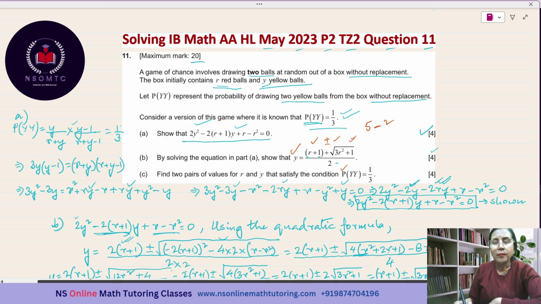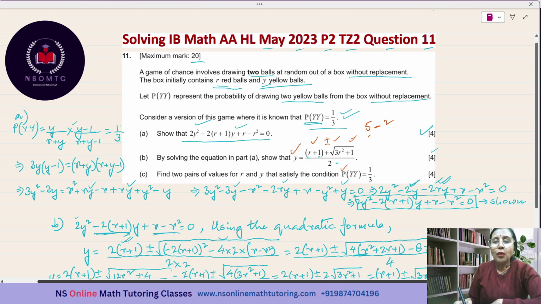5 minus 2 is 3. So we can definitely take 5 minus 2. It will be giving us a positive numerator. And 3 over 2 will be giving us a fraction. I'm saying this is an arbitrary case. Don't think about how can we have 5 and 2. I'm just trying to establish this fact that we can have a negative number provided the square root of 3r squared plus 1 is having a value less than r plus 1.